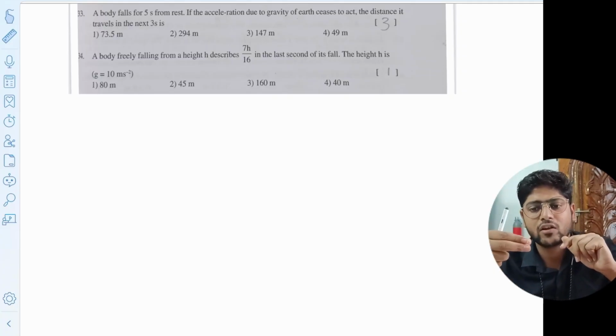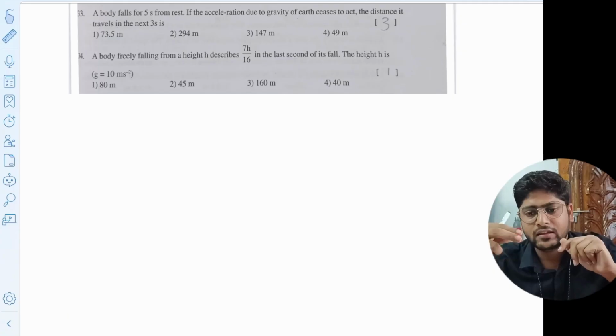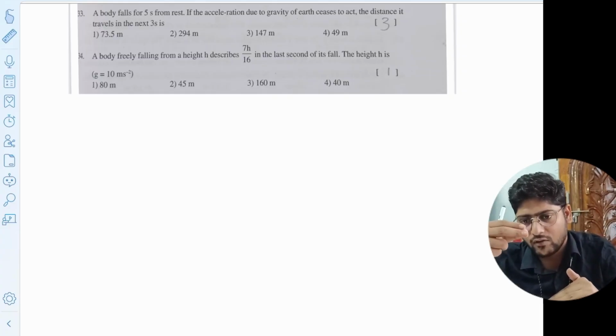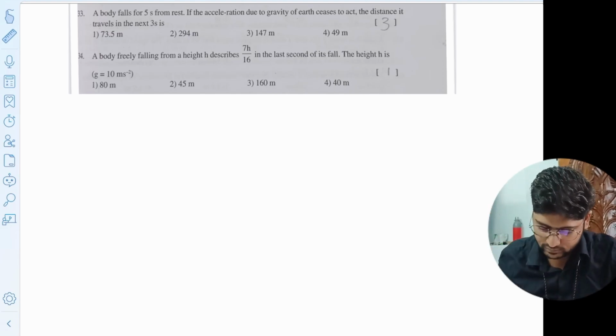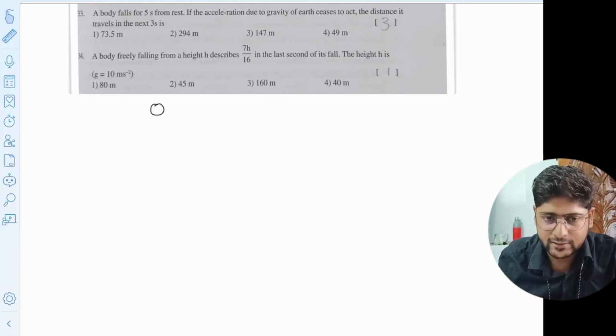Whatever the velocity after the 5 seconds, it will continue with that velocity. Because no acceleration, we don't have to take acceleration. So after 5 seconds, whatever the velocity, it will travel with the same velocity. With this velocity and 3 seconds, velocity into time will be the distance it will travel. I will tell you how. Suppose the particle is here.